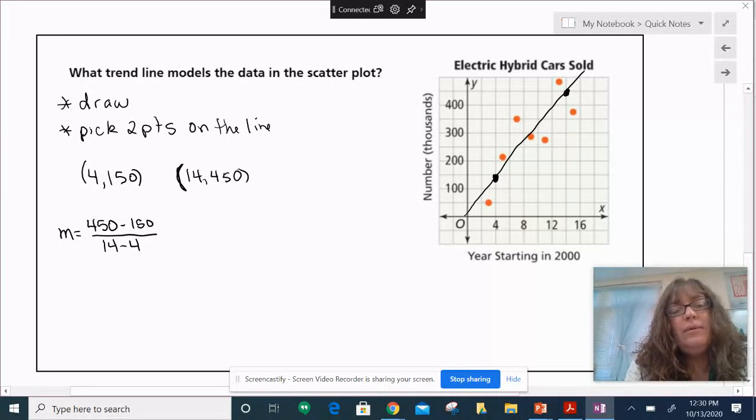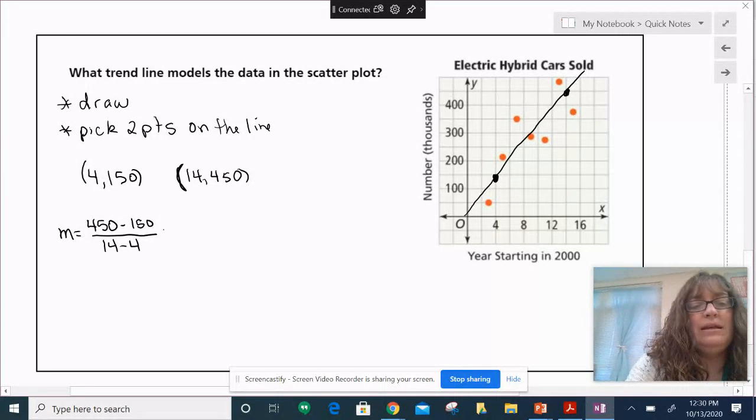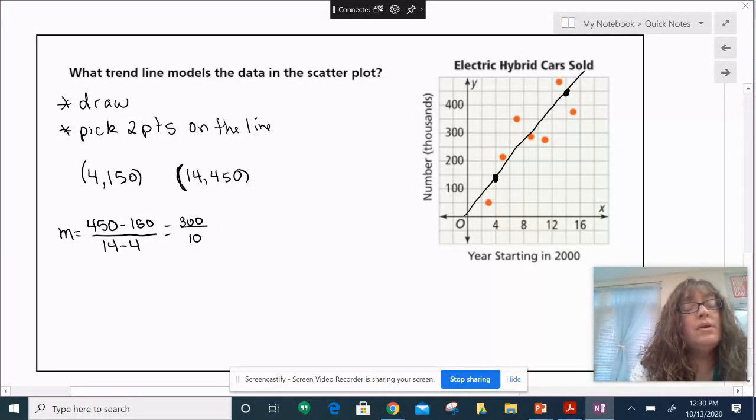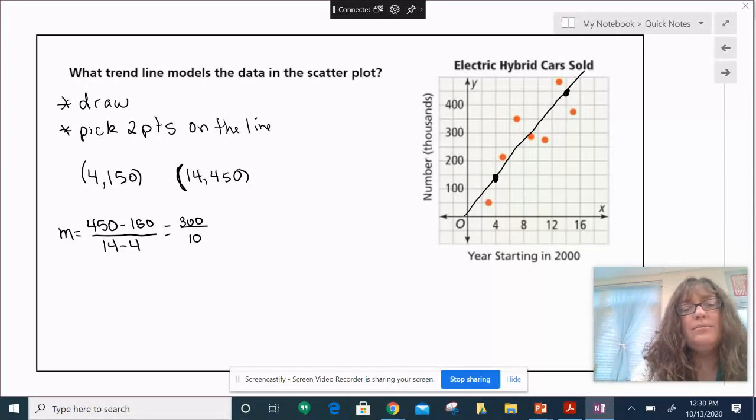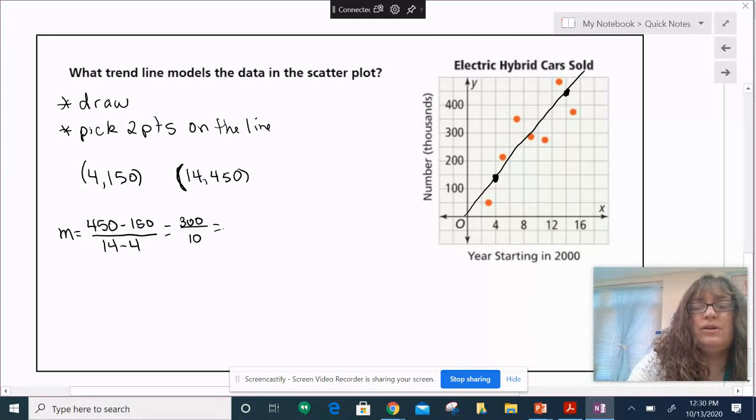So 450 minus 150 would give me an answer of 300. And 14 minus 4 would give me an answer of 10. We always want to reduce our slopes. Guys, in these cases, sometimes our slopes don't turn out to be very nice numbers. They may not be whole numbers, they may be decimals or fractions, and that's okay. But in this case, 300 divided by 10 would give me an answer of 30.